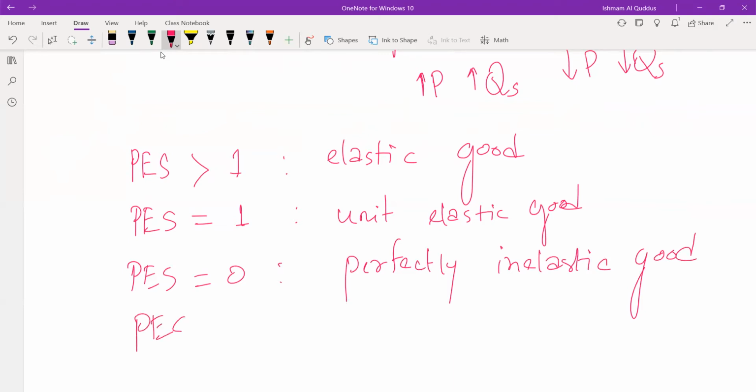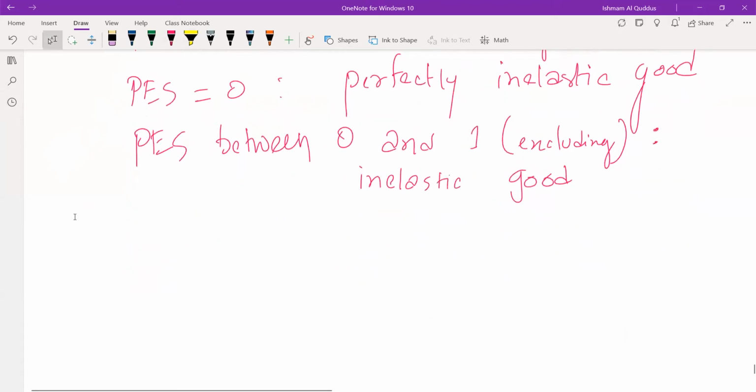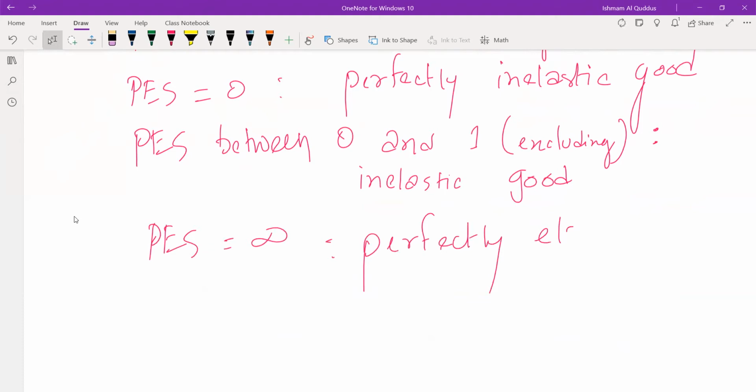If PES is between 0 and 1, excluding 0 and excluding 1, remember this, between 0 and 1, excluding these, then this is an inelastic good. And if PES is infinite, then this is a perfectly elastic good.